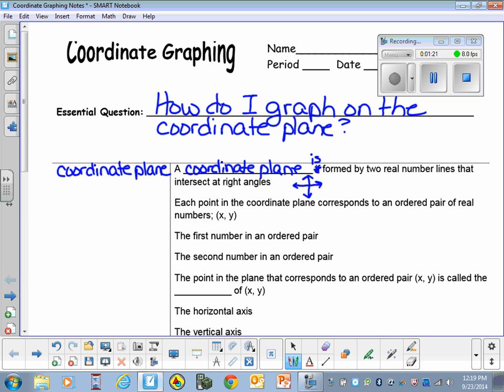Each coordinate plane has a point that corresponds to an ordered pair of real numbers. This is called a coordinate point or an ordered pair. The first number in an ordered pair is the x-coordinate.